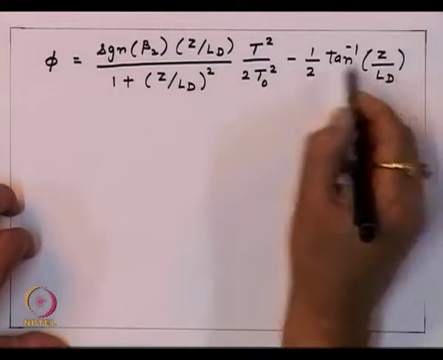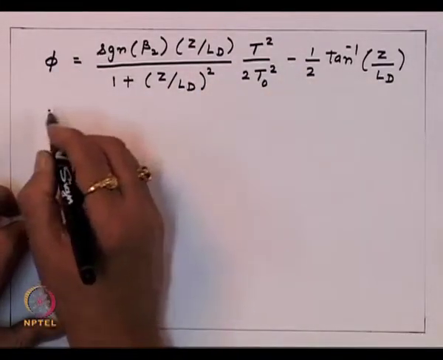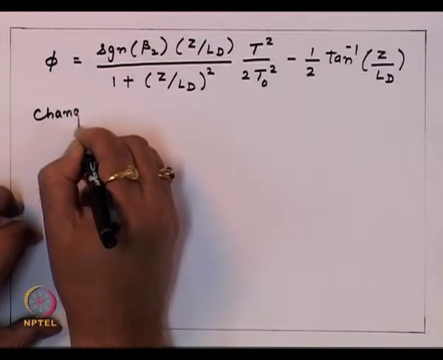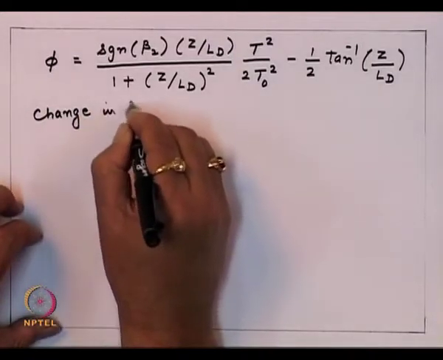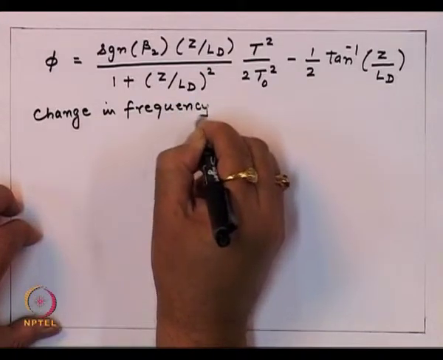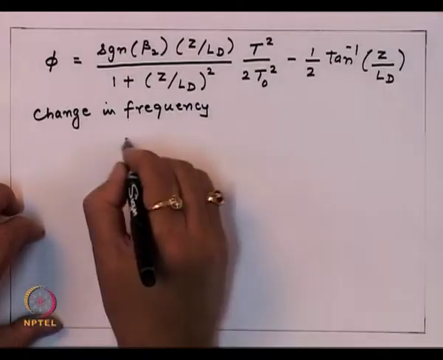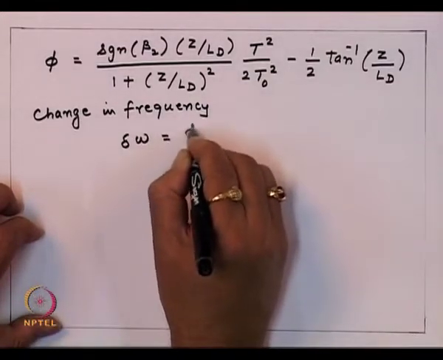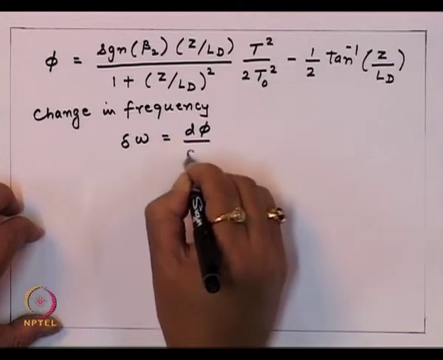So, since I have the expression here, we can get the change in frequency which is delta omega, that is equal to d phi by dt.